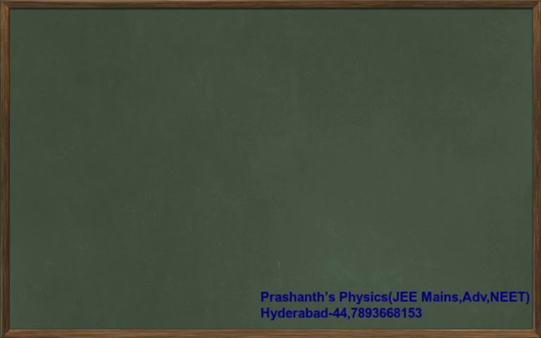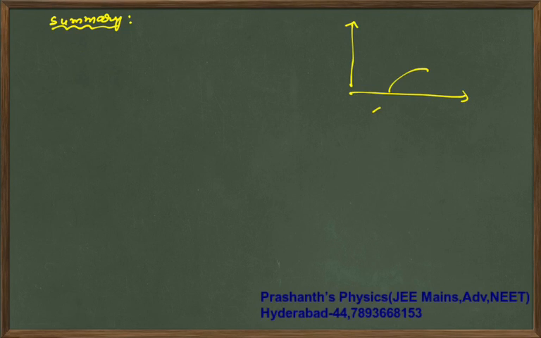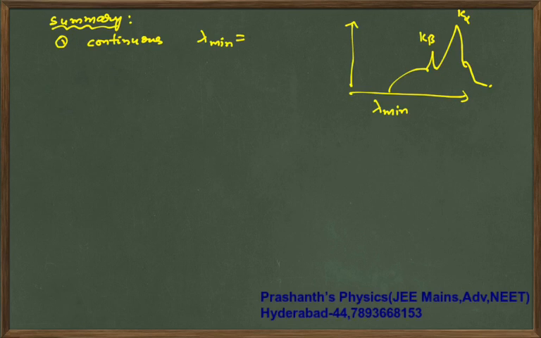What is the summary that we have seen? Your graph will have a minimum, then you have the K alpha line here and the K beta line here. For continuous X-rays, your lambda min is hc by e times V, where V is called the accelerating potential.